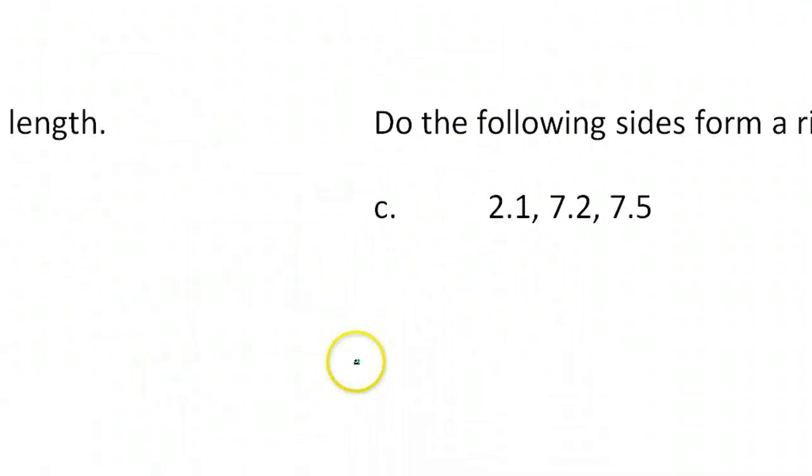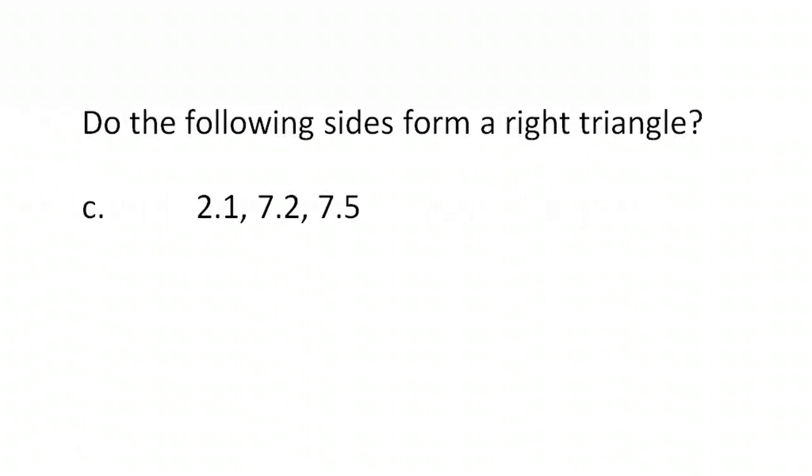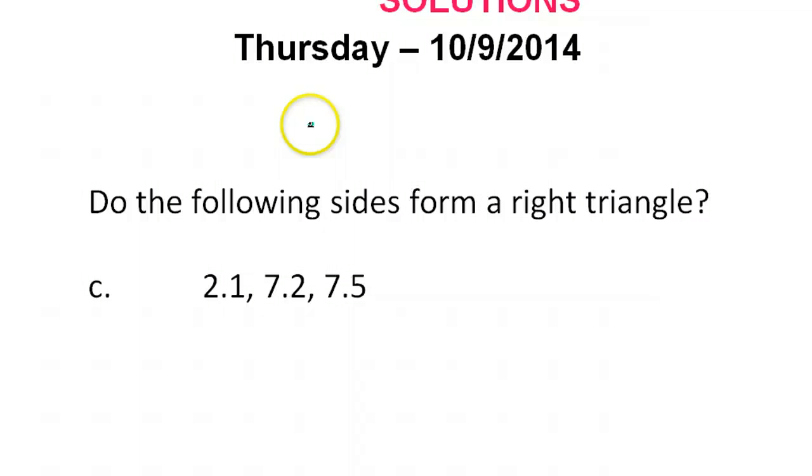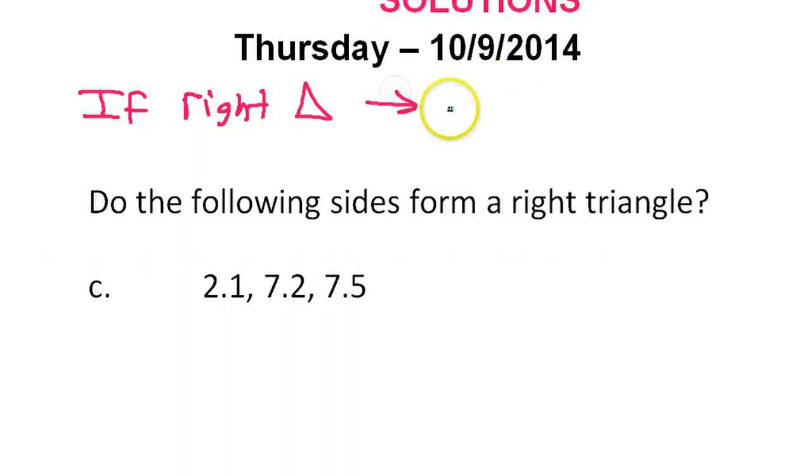Okay, let's knock out parts C and D. Do the following sides form a right triangle? Well, we are going to use the converse of the Pythagorean theorem. Alright, the Pythagorean theorem basically says if you have a right triangle, then a squared plus b squared equals c squared, like hypotenuse.